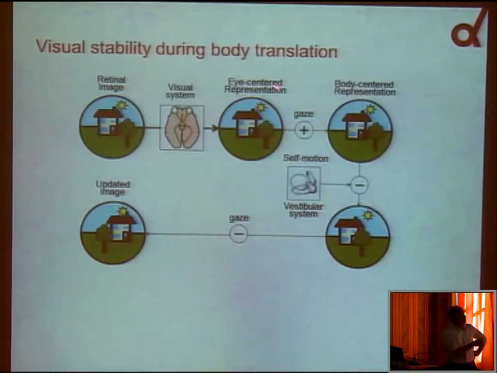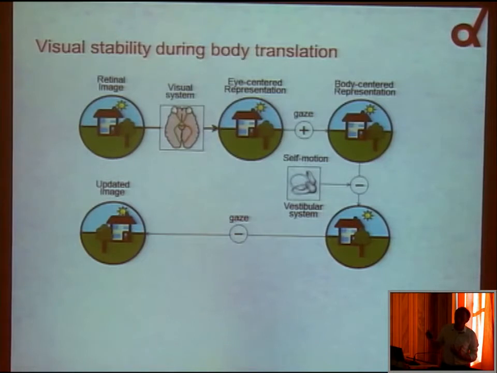So if I have eye-centered coordinates and I add my eye position, I get head-centered coordinates, body-centered coordinates. I can also correct that for my self-motion, get an updated body-centered representation. I subtract my gaze angle, and I get my updated retinal image. That's the alternative. And so the brain could use an eye-centered updating mechanism, it could use a body-centered updating mechanism.